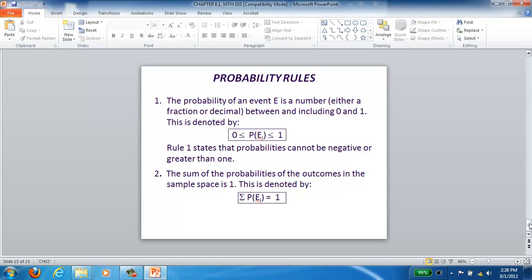These two rules say that the probability of an event E has to be between 0 and 1 inclusive. So basically rule 1 states that probabilities cannot be negative or greater than 1, and then the summation of probabilities has to be equal to 1. As soon as you follow these two rules, then you have a probability model. Or if they ask you if this is a probability model, you have to check these two rules.